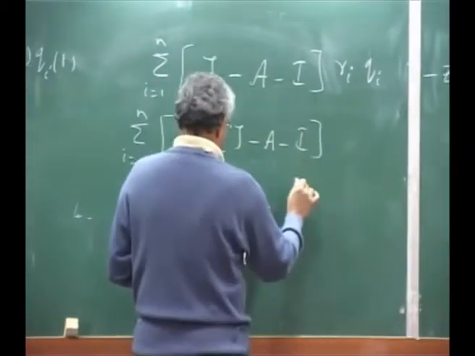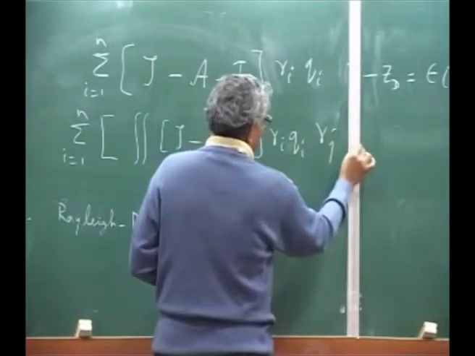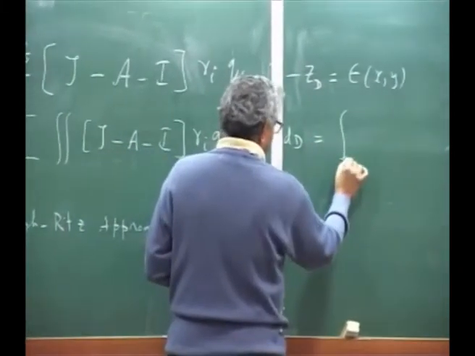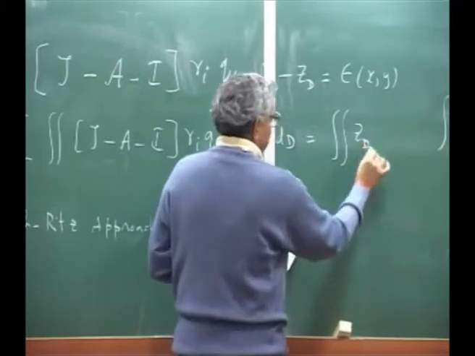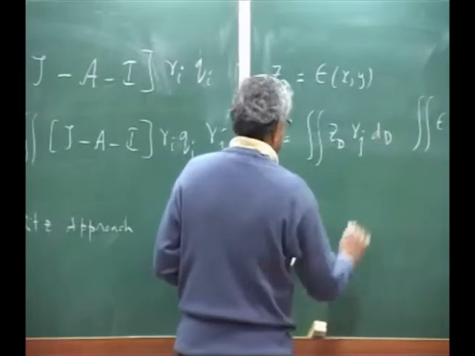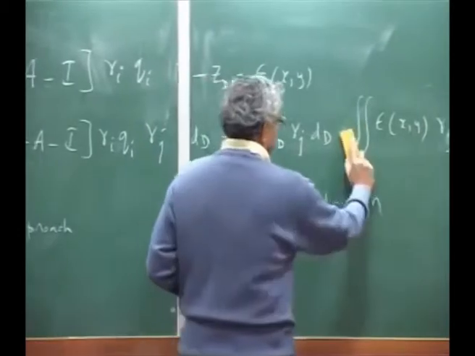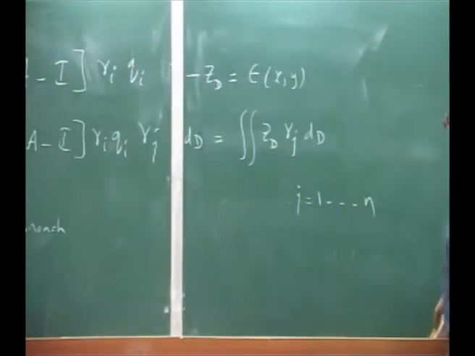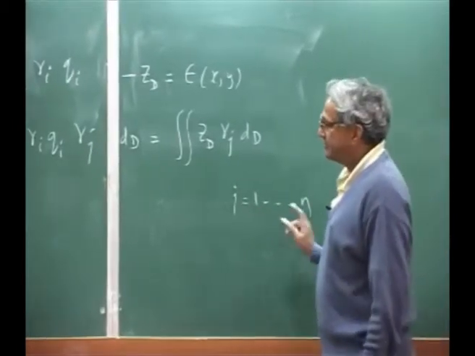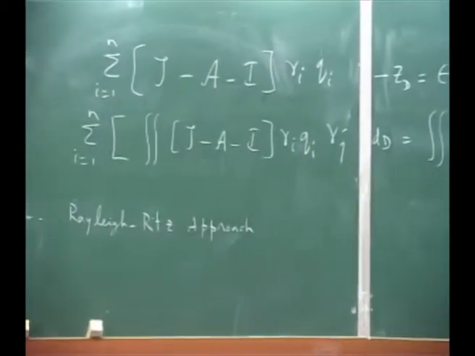Integral of gamma i q i gamma j d domain equals integral over the domain of Z D gamma j d domain, with j running from 1 to n. Now you see, you will get n equations, and you just solve these n equations.